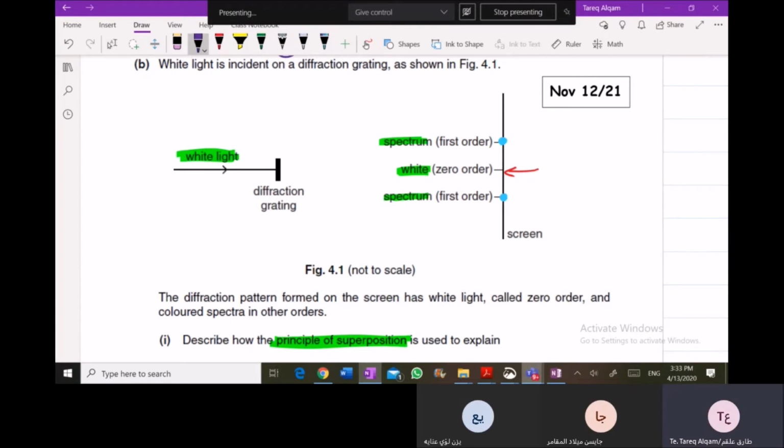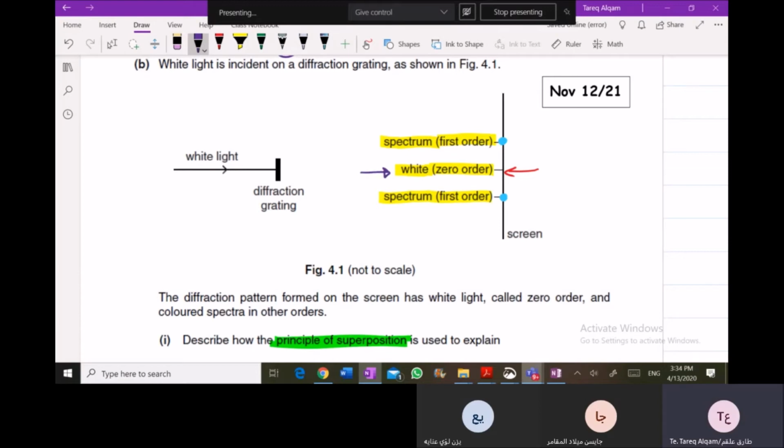But here, guys, since this is white light, I will observe the following pattern.